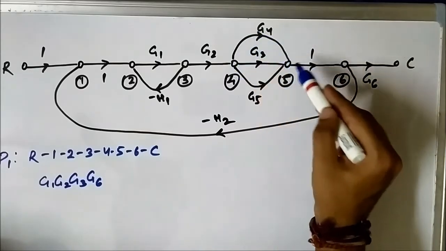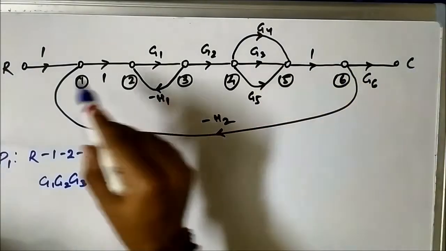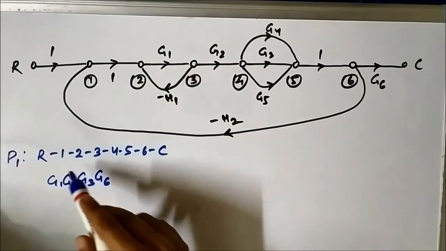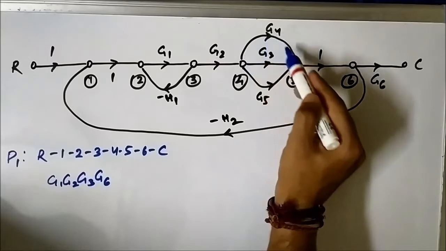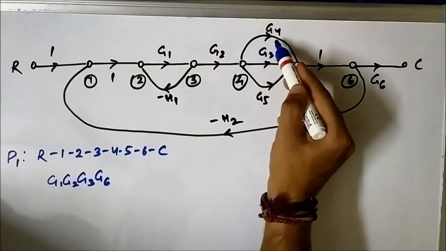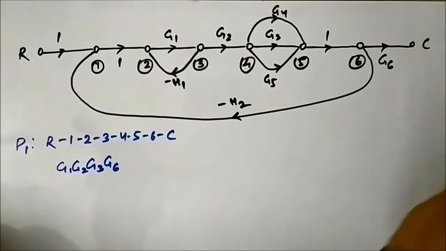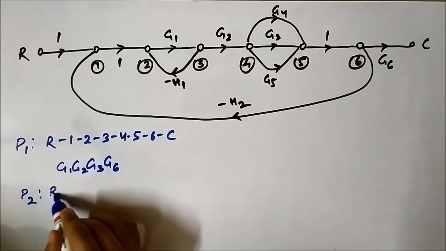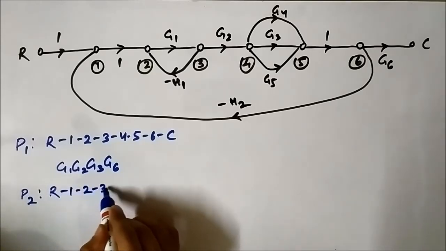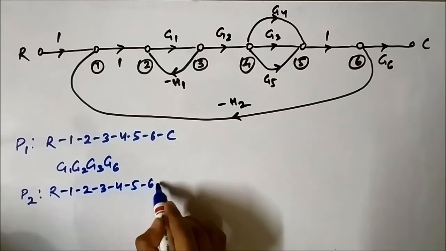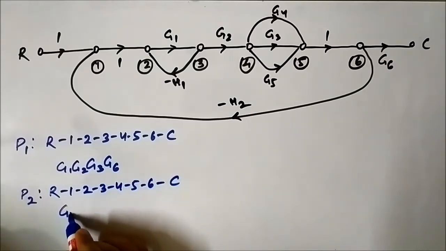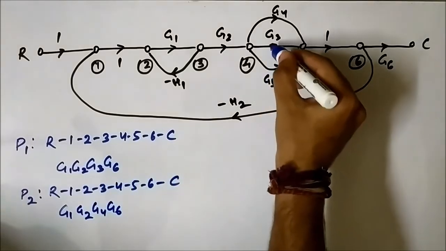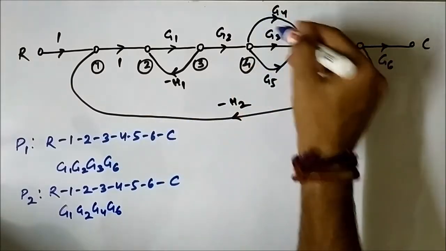So along G4, then 5, 6, C. The nodal representation will be the same as forward path number 1, R, 1, 2, 3, 4, 5, 6, C, but the gain will be different: G1, G2, G4, G6. Here it was G3 in P1, here it is G4.